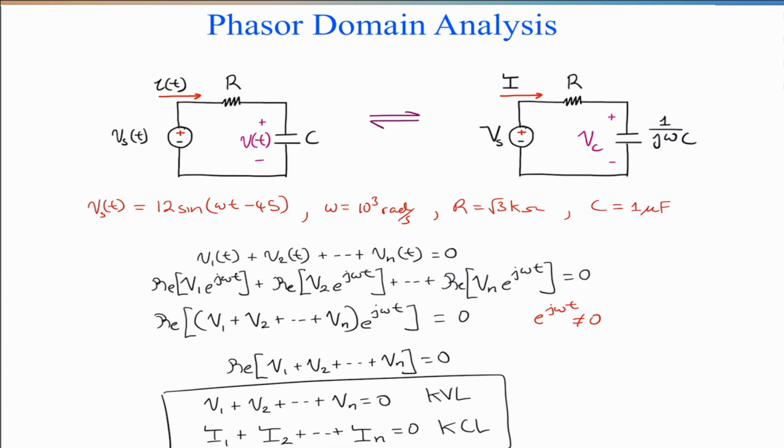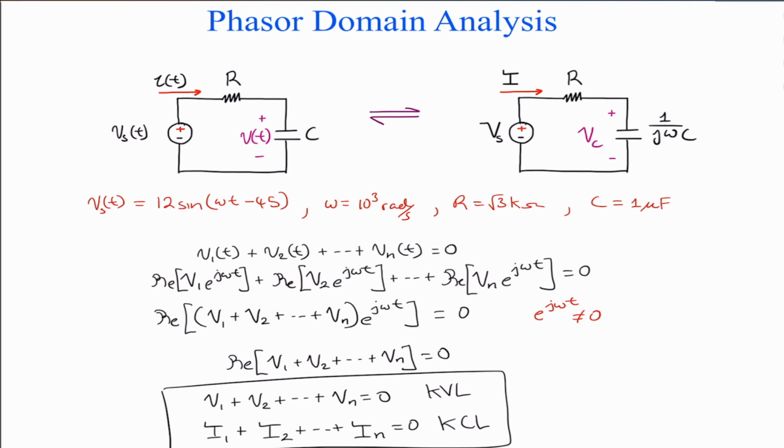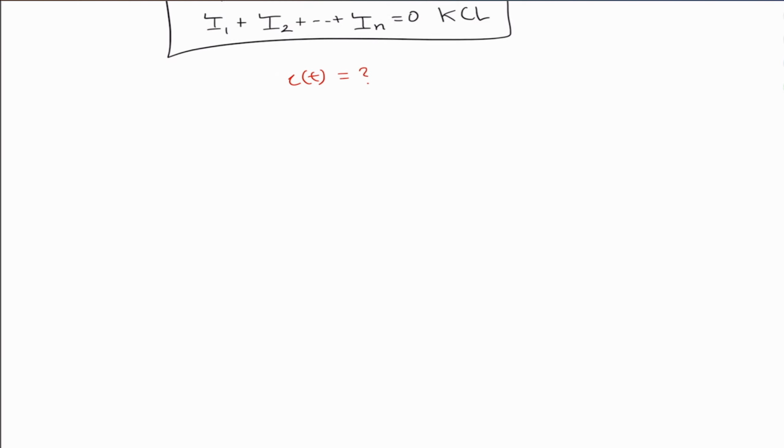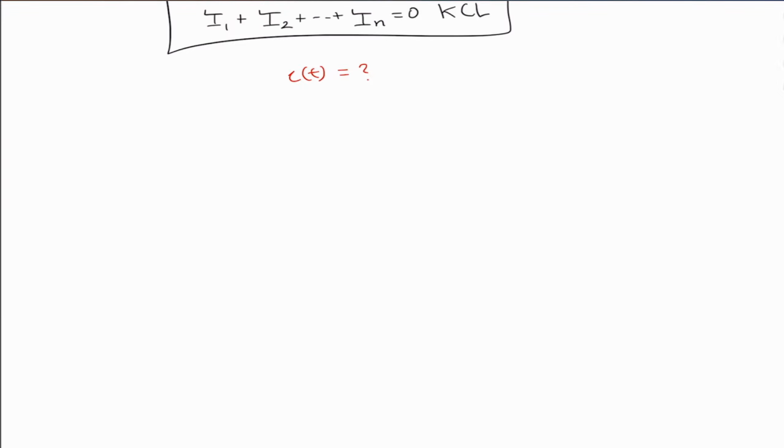So in the time domain, if we do a loop, we'll get minus Vs of t plus I of t times R, the voltage across the resistor, plus the voltage across the capacitor, which is the integral of I of t dt, and that is equal to 0.